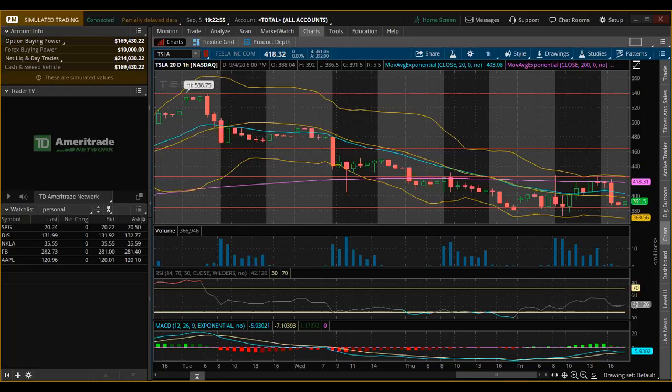I sold it probably within a couple hours, and it pushed up, and it was worth $74 a share. So 7,400, about $1,400 profit in a day.